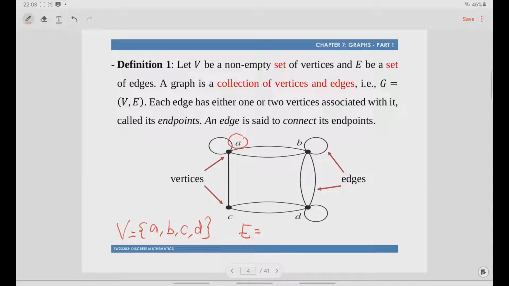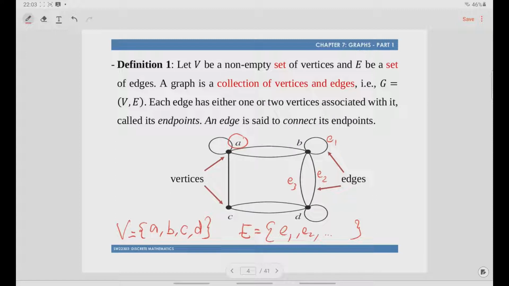Alright, for example, let's say we denote the edges as E1, E2, E3. So the set E contains E1, okay, we have E2, and so on until we cover all the edges connecting all the vertices in this particular graph.